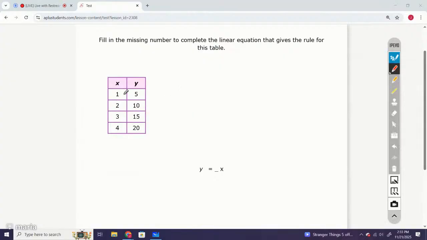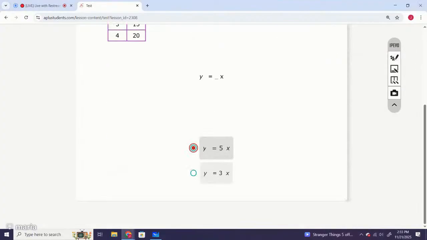Just find the relationship between x and y values. 1 times 5 is 5. 2 times 5 is 10. 3 times 5 is 15. See the values, the y is the missing number times x, so it is 5x. So the correct option is y equals 5x. Option number 1 is the correct option.